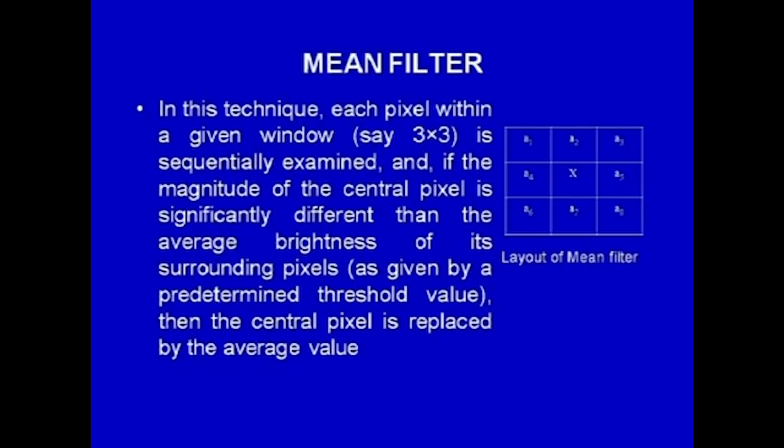The graphic beside shows the layout of a mean filter, where x represents the central pixel under examination, and A1, A2, A3, A4, A5, A6, A7, A8 are known as the neighborhood pixels, and we will be examining these 8 neighborhood pixels and comparing their average value with respect to the central pixel value, which is x.